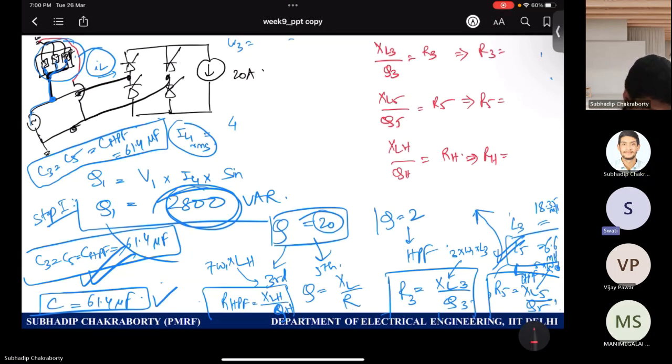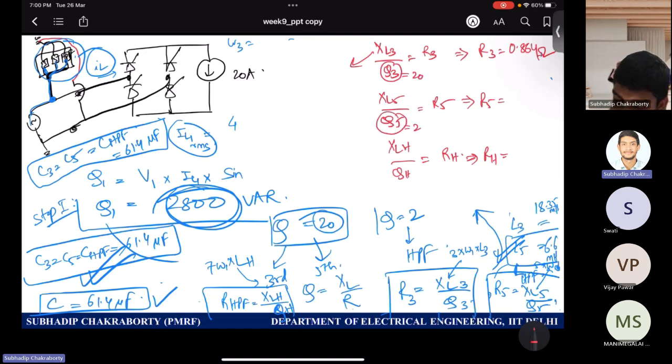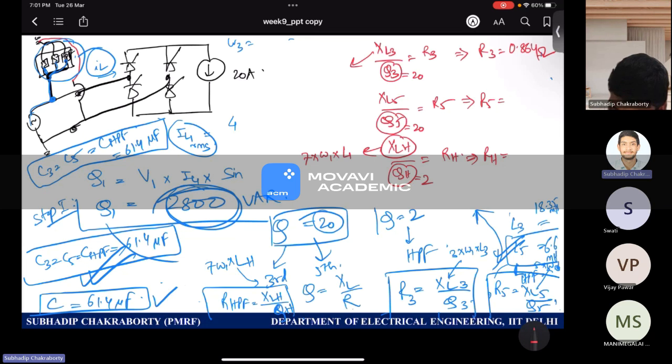0.864 for R3. Correct. Now how is R5 calculated? Yes, Q3 you take as 20, Q5 you take as 20, QH you take as 2. For XLH, you do 7 times omega 1 times LH.